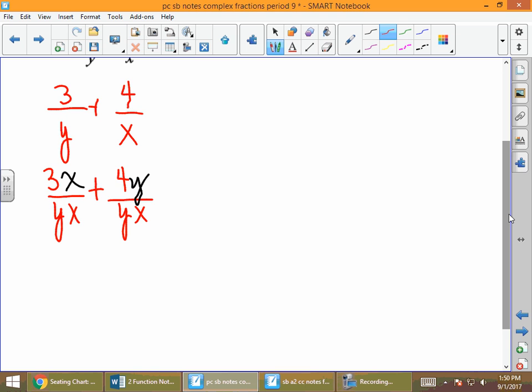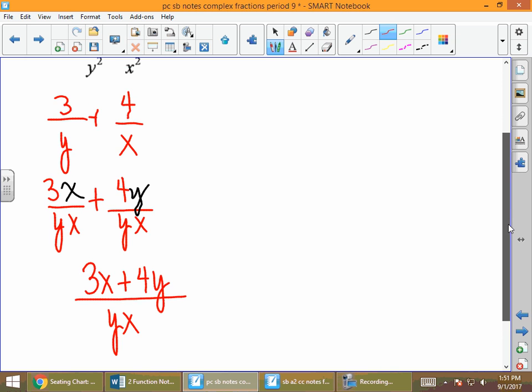And in the numerator, the top of the overall big fraction there, the only thing that we can do now is say that this is 3x plus 4y divided by yx. Don't cancel anything out. We cannot factor anything in that problem, so we cannot cancel anything in that problem.